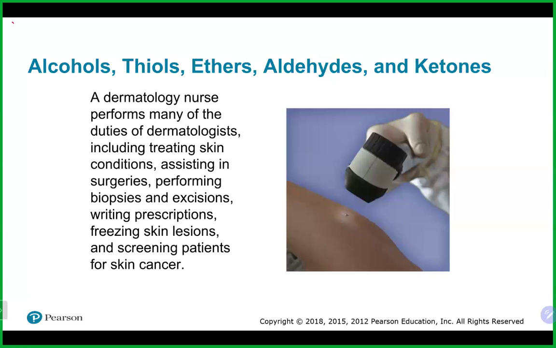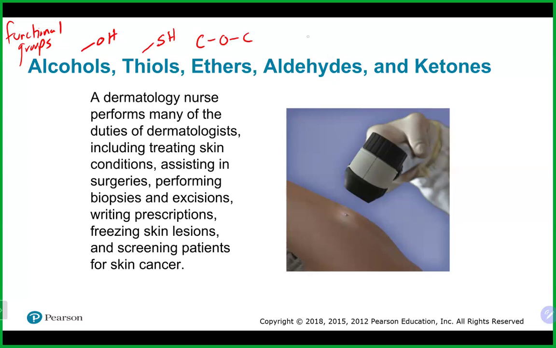The functional groups really for these guys, alcohols have the OH group. Thiols have a similar one, but it is actually a sulfur containing group. So it has a sulfur instead of an oxygen. Ethers have a carbon, oxygen, carbon run together as their functional group.